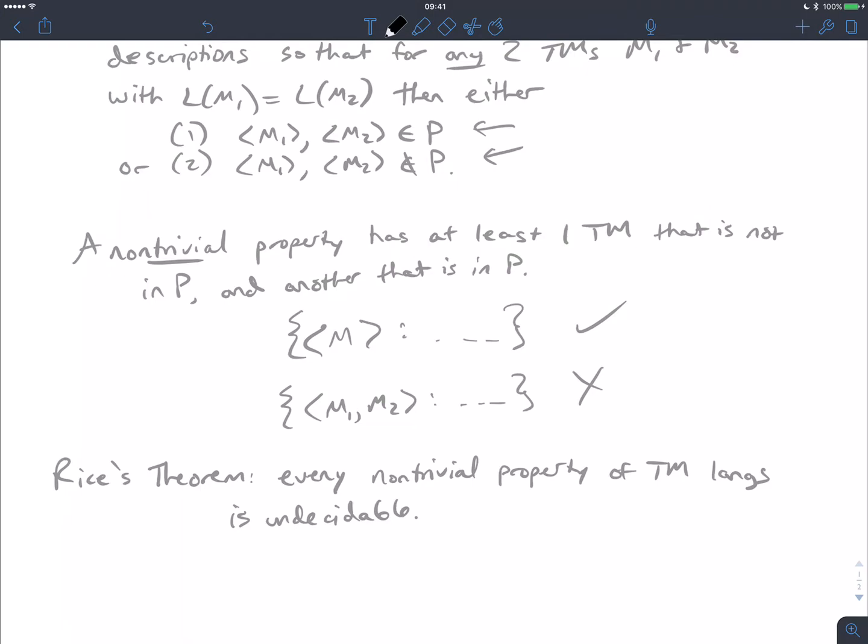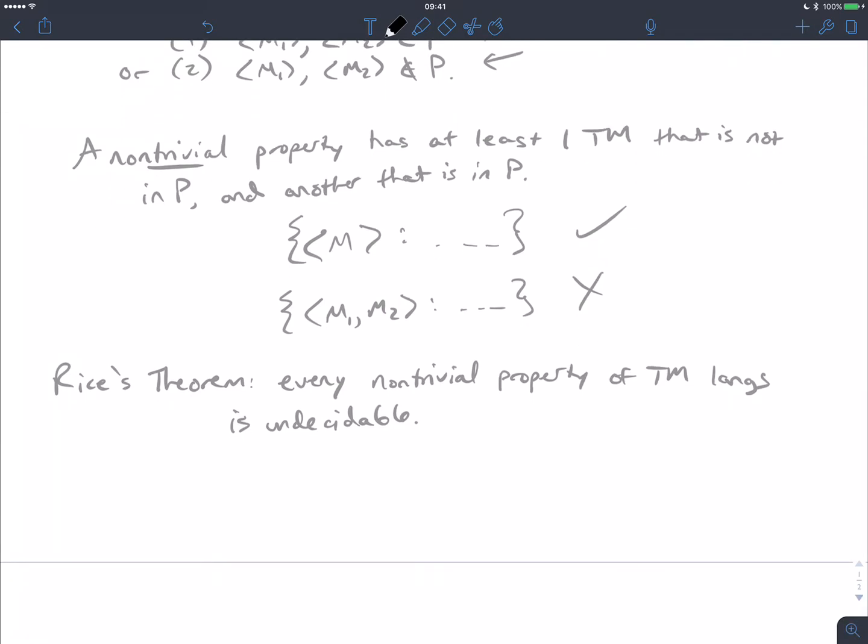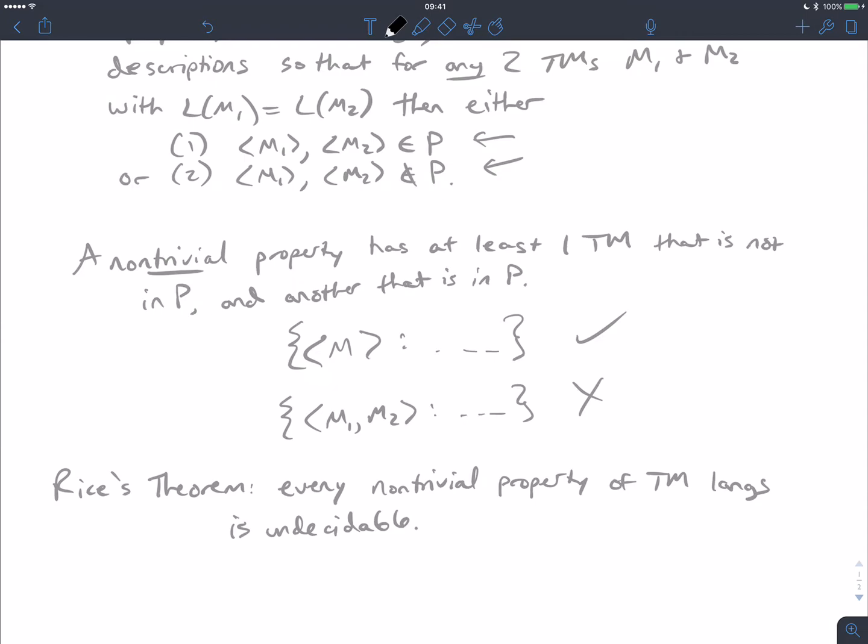A non-trivial property is that there's some machine that doesn't have the property and some machine that does. So obviously a trivial one would mean every Turing machine has the property or none of them do. And what Rice's theorem says is that every non-trivial property is undecidable. Trivial properties are things that describe not necessarily the mechanics, but things like the states and the transitions.